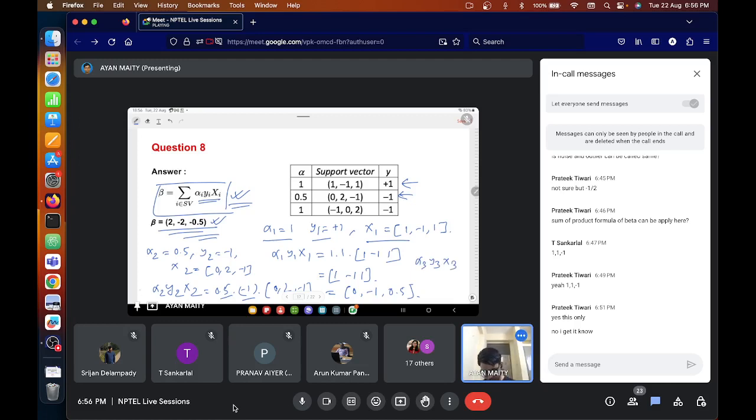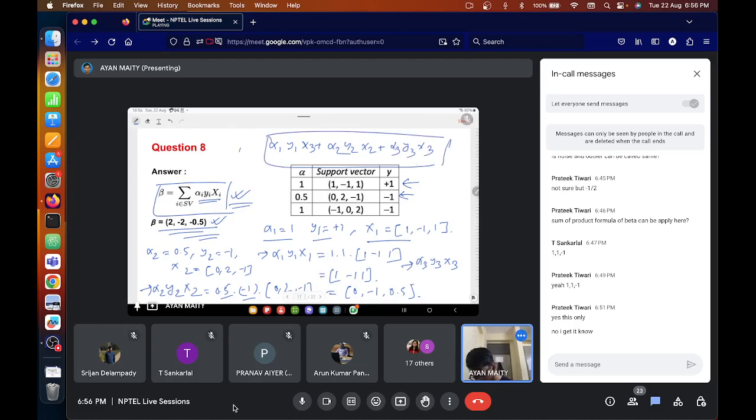Then you have alpha 1 y1 x1, alpha 2 y2 x2, and alpha 3 y3 x3. Simply add these three, and that would give you beta. So you have to individually calculate alpha i yi xi for each of the support vector points, and then sum this up.